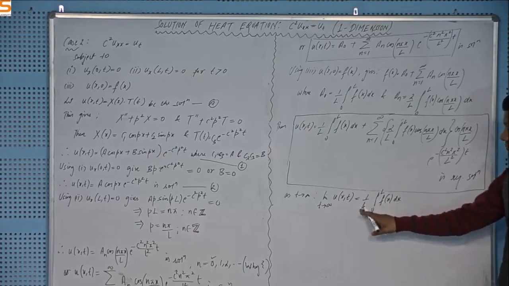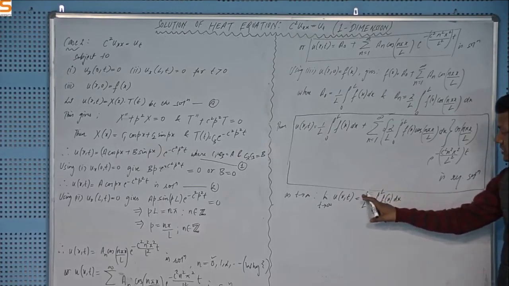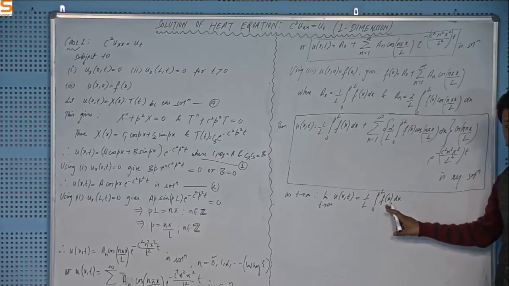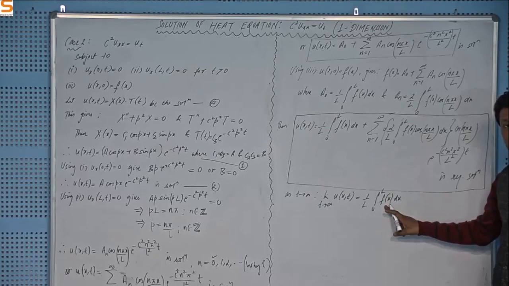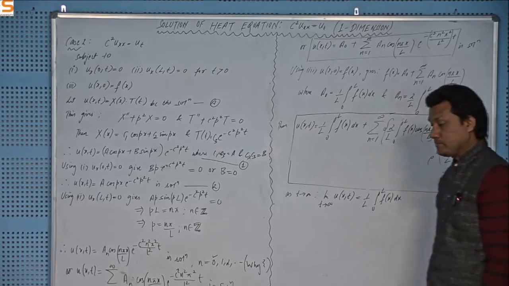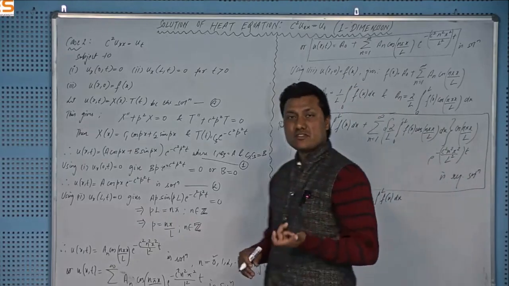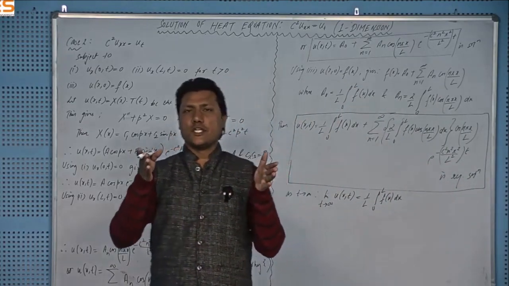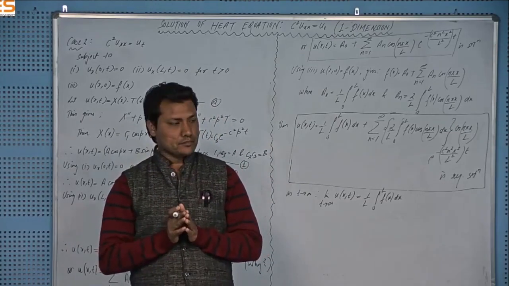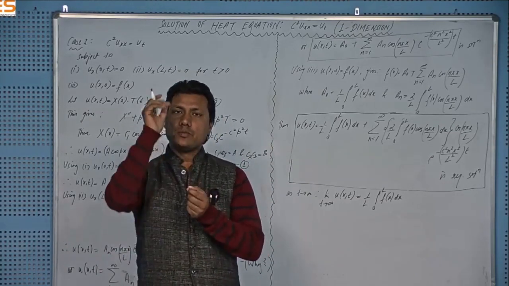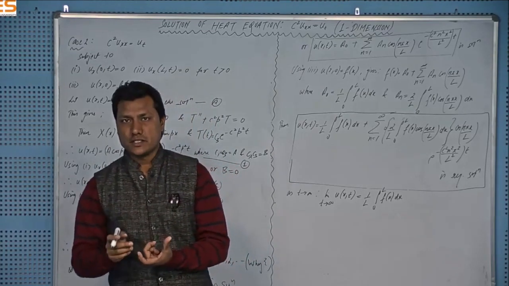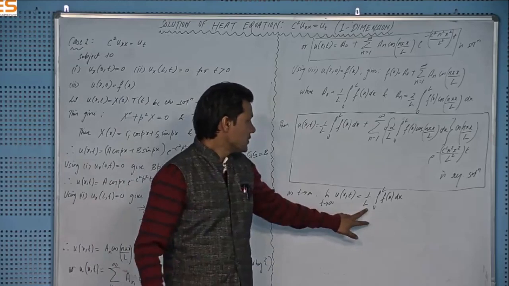And if you watch this closely, this is actually the average, or the mean value, of the function taken on the interval 0 to L. If you remember the average value of a function: if f(x) is a function defined on a closed interval a to b, then its average value is given by the integral a to b f(x) dx divided by the length of the interval, that is b minus a, and that is indeed the same thing here.